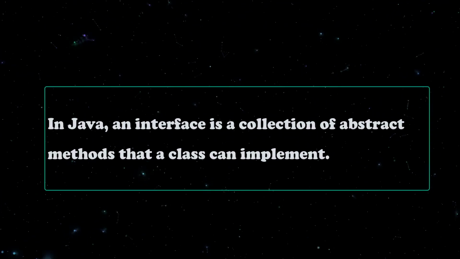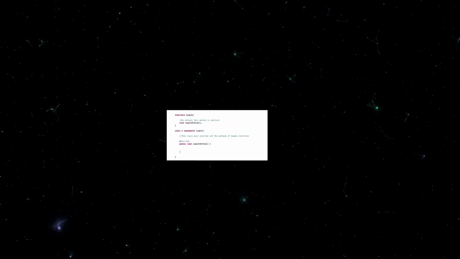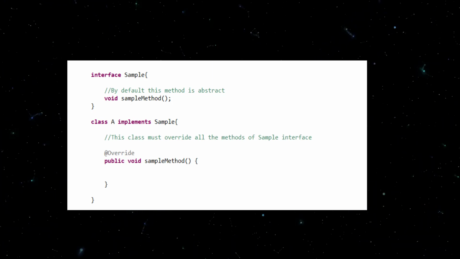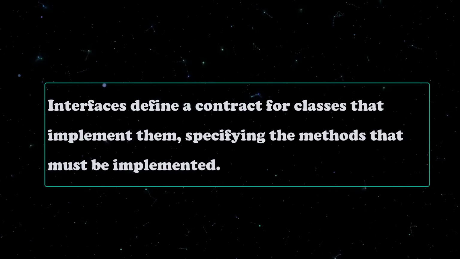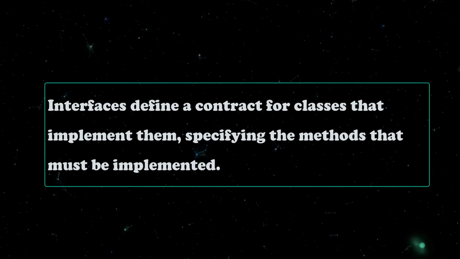In Java, an interface is a collection of abstract methods that a class can implement. Interfaces define a contract for classes that implement them, specifying the methods that must be implemented.